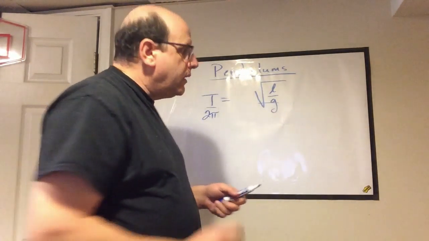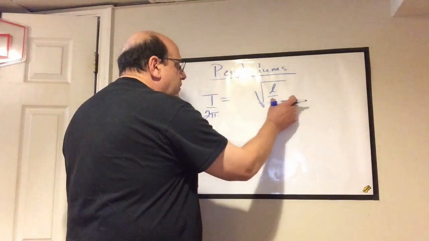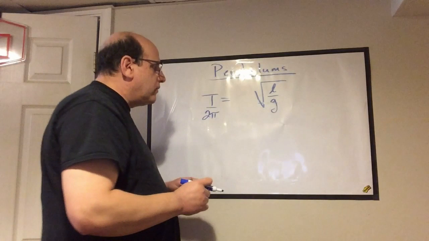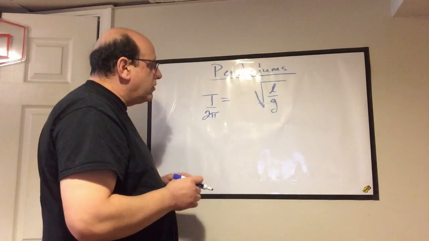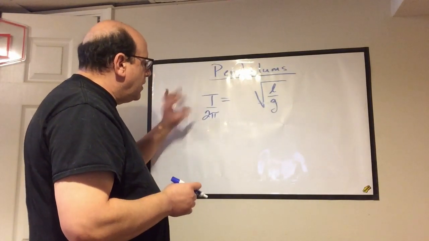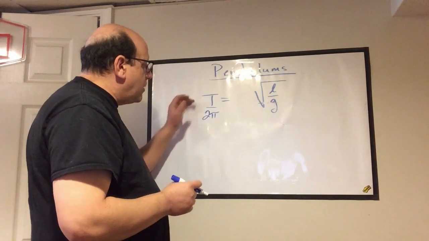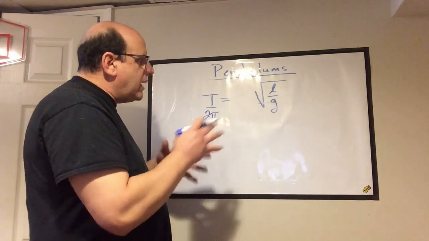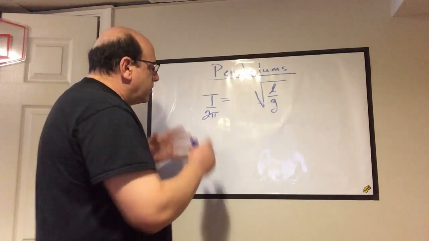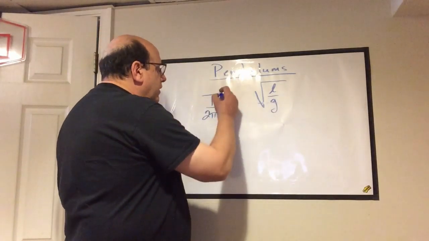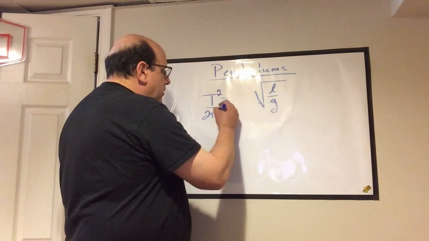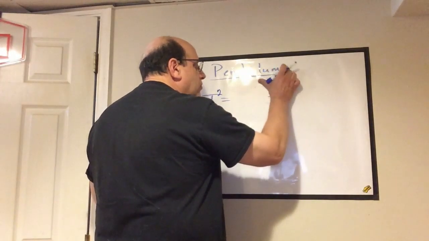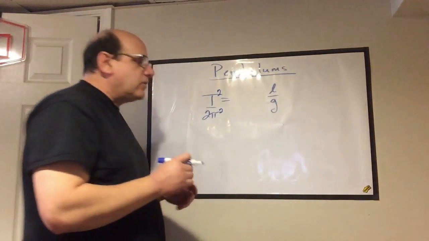And so now I'm done with that, and I'm left with my square root of the length of the pendulum divided by the gravity in that certain situation is equal to the time period over 2 pi. I'm going to solve for G, but I can't because right now I have a square root. So I'm going to square everything, and that'll take away the square root symbol if I square both sides.